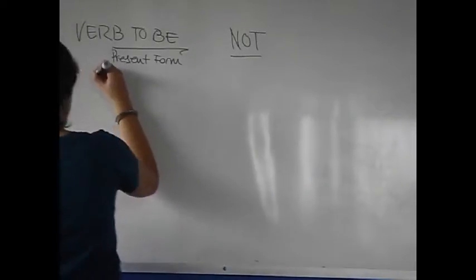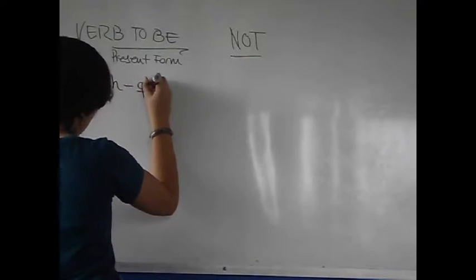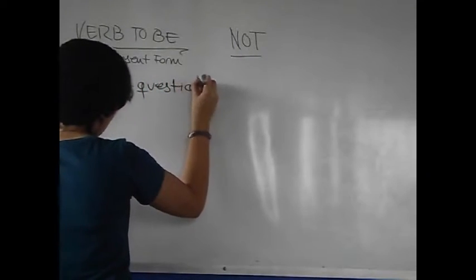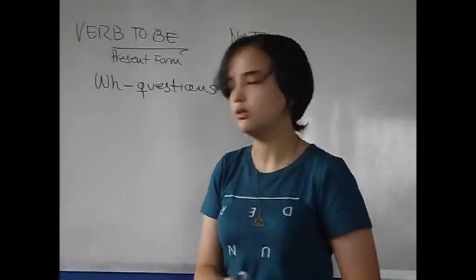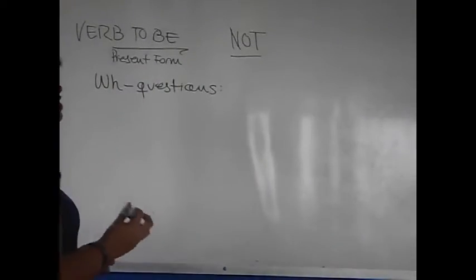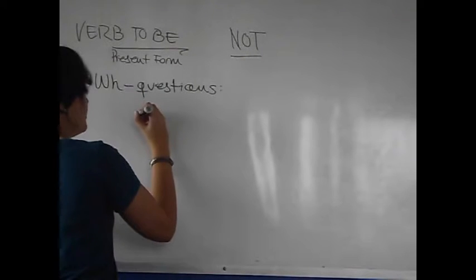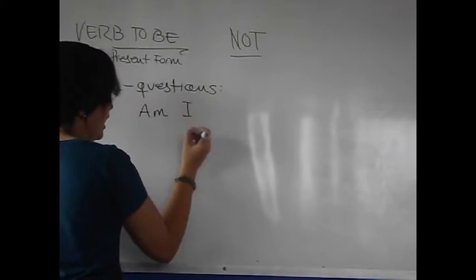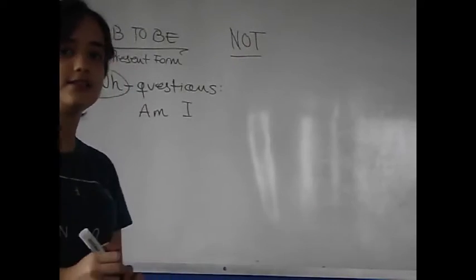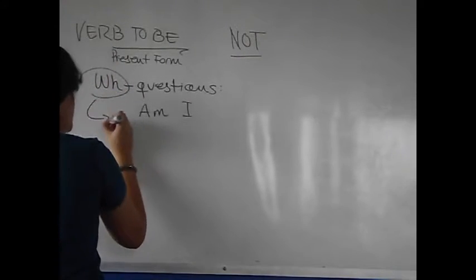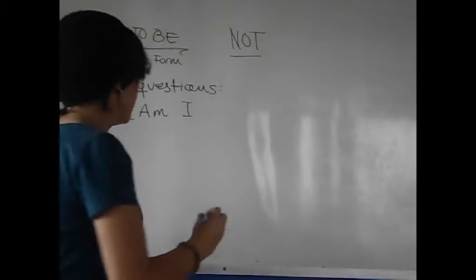We have WH questions, right? Which are probably the final point. So we have am I, for example, how the WH interacts in this sentence. Well, basically it goes in the front part of it.